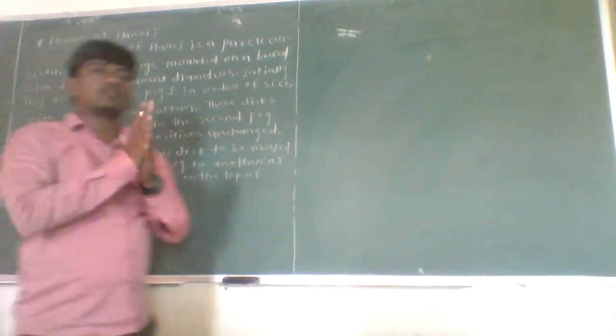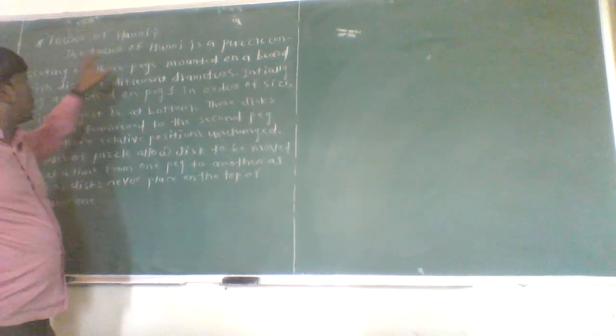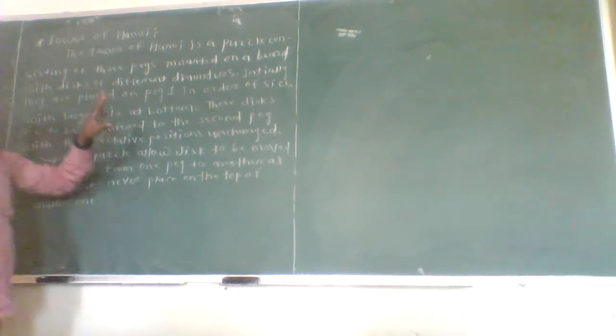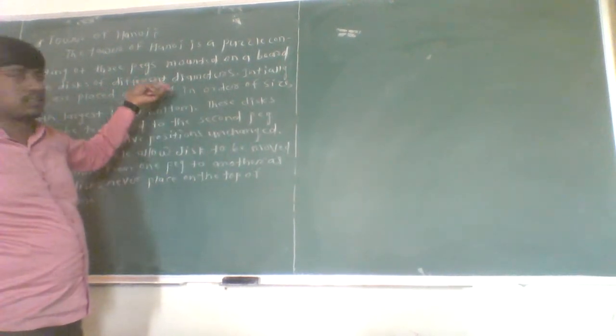That is, this is actually a puzzle, and it states that the Tower of Hanoi consists of three pegs mounted on a board with discs of different diameters. That is, there are three pegs and any number of discs of different diameters, and initially they are placed on peg one. Suppose there are three pegs.